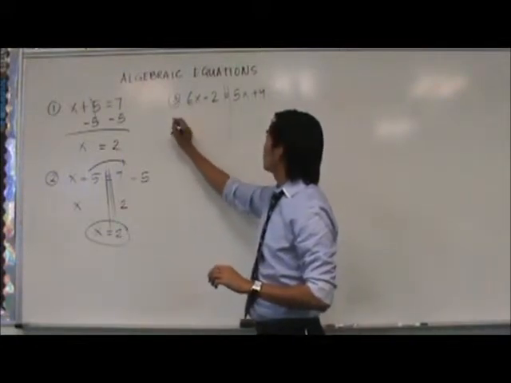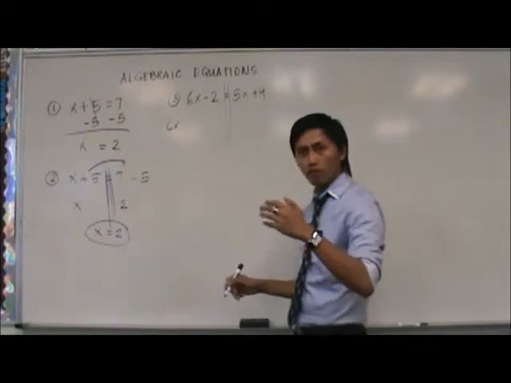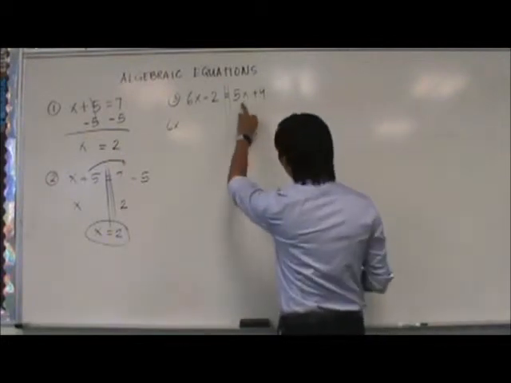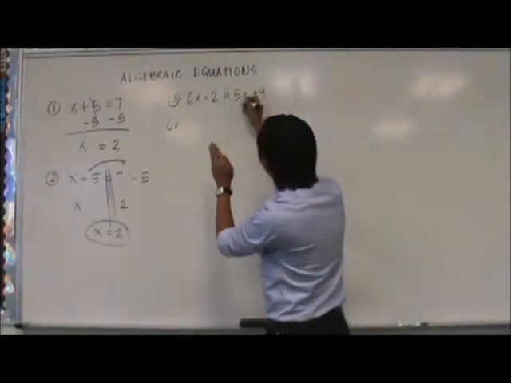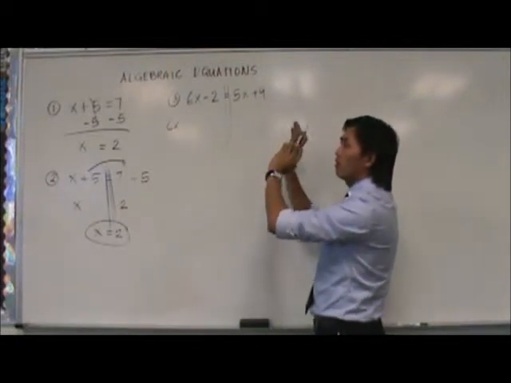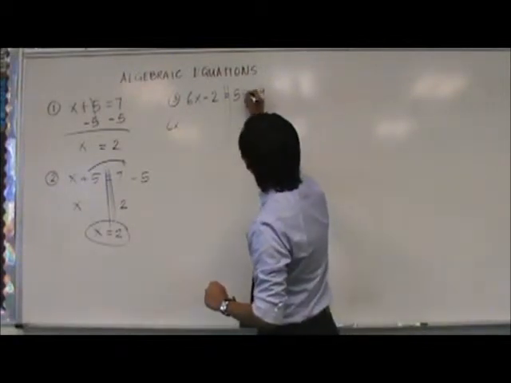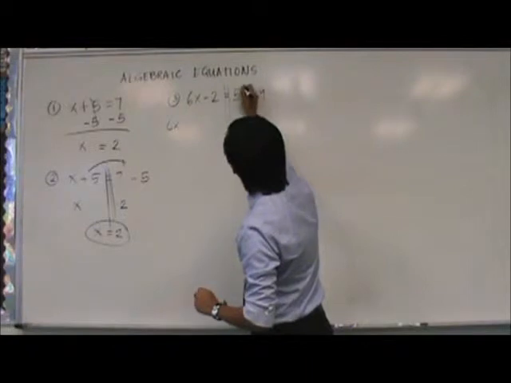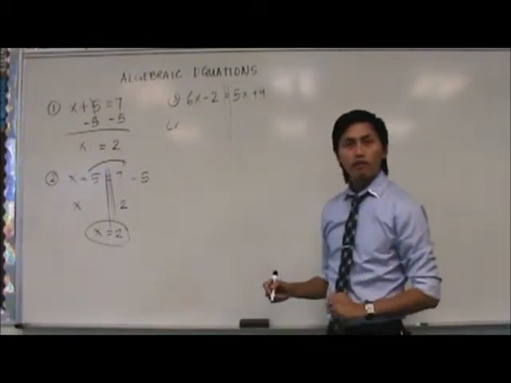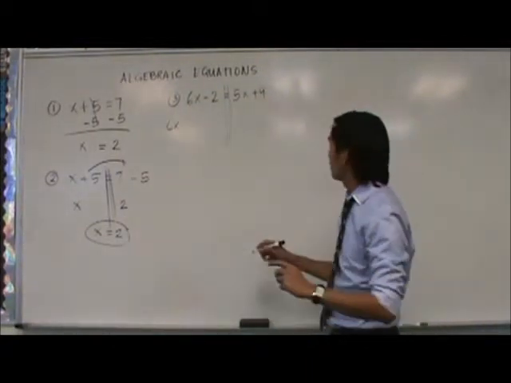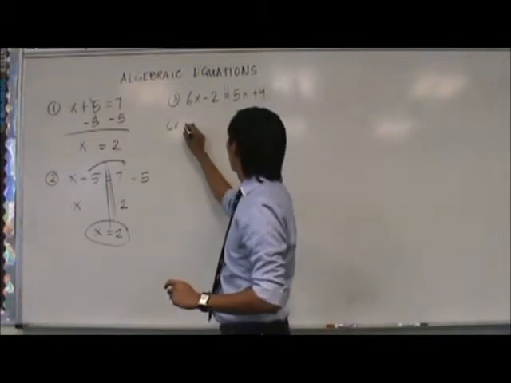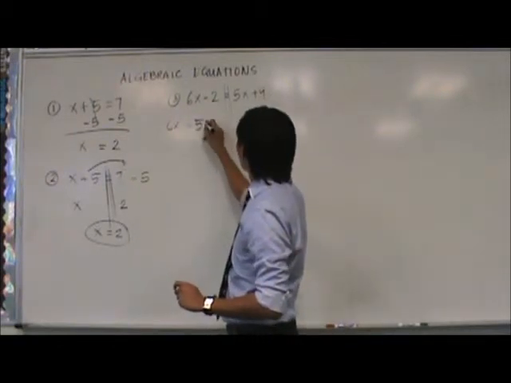Right now, we have 6x, and 6x is already on the left side. For the 5x, we have to make sure it is on the other side of the equation. So if we move 5x over the equal sign, 5x will become minus 5x.